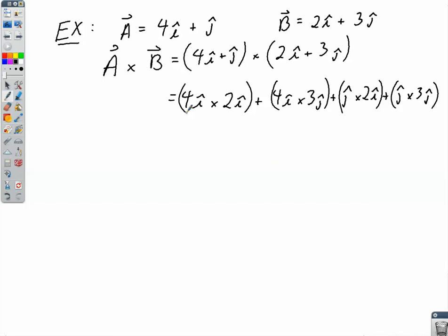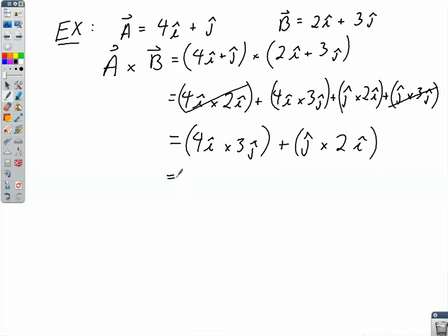The other property of cross products we have to remember is any i cross any other i, because the angle between them is 0, goes away, and we've got a j cross j over here that goes away. So we're left with 4i cross 3j plus j cross 2i.